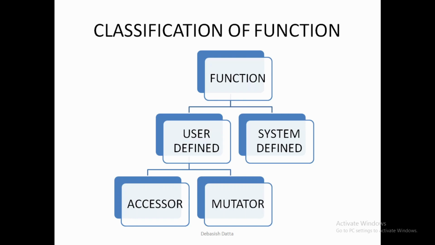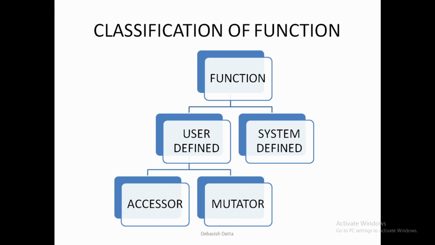Accessors are those methods which do not change the value inside any object, or in formal language, those methods which do not change the state of an object. On the contrary, mutators are those methods which actually change the values inside any object, or which change the state of an object.